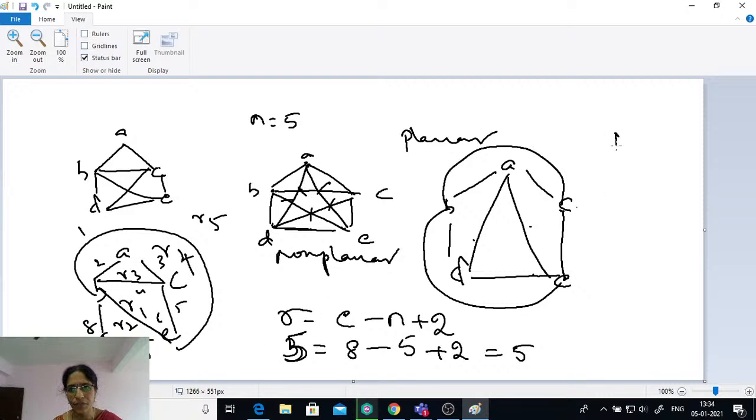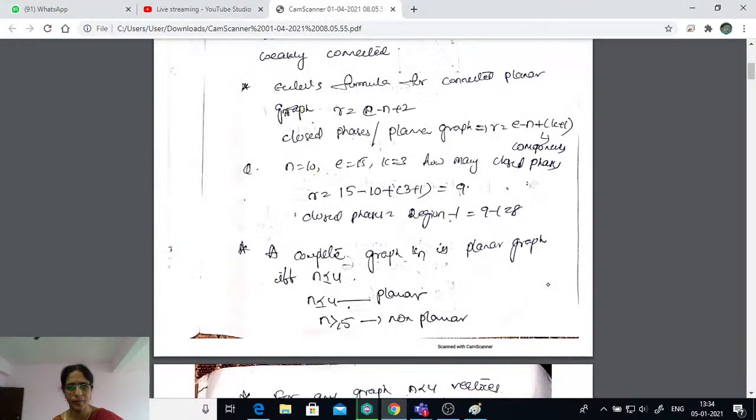That means only if n is less than or equal to 4, the graph Kn is planar. If n is greater than or equal to 5, Kn is non-planar.